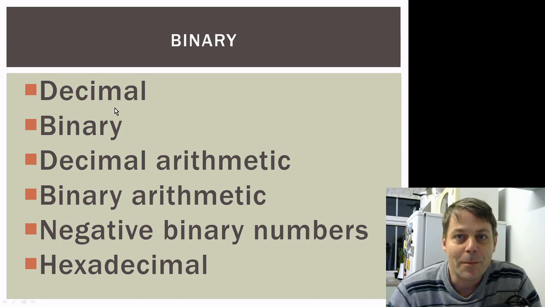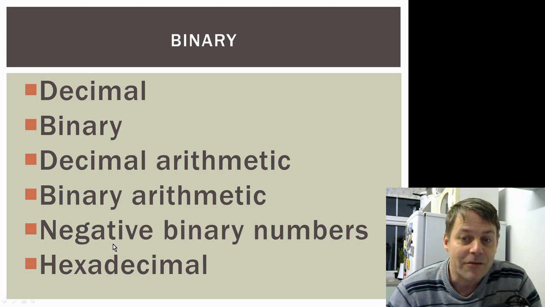We'll go through these topics. First, I'll explain the decimal number system. I'm sure you're already familiar with this, but we'll explain it just so that we can see how it compares with the binary system. Then I'll explain the binary system. Again, we'll go back to the decimal system and look at how we do basic arithmetic, and then we'll look at how we can do binary arithmetic.